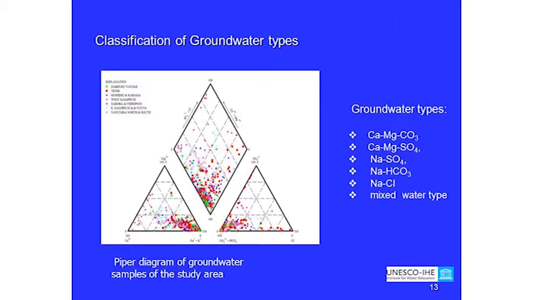If you look at this Piper diagram, you see that most of the samples plot in an area that indicates the predominance of sodium bicarbonate type of water, and that has implications with fluoride occurrence.